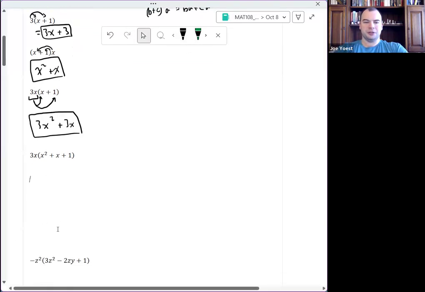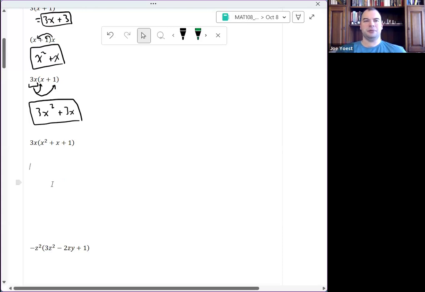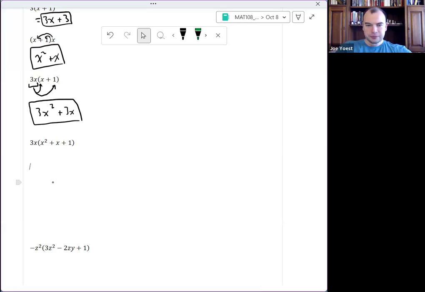My distributive property works more generally as well. I can distribute a monomial into a trinomial or into as many terms as I want. So for instance, 3x times x squared plus x plus 1. When I distribute, I just distribute my factor out in front to each of the terms, whether it's 2 terms or 3 terms or more.